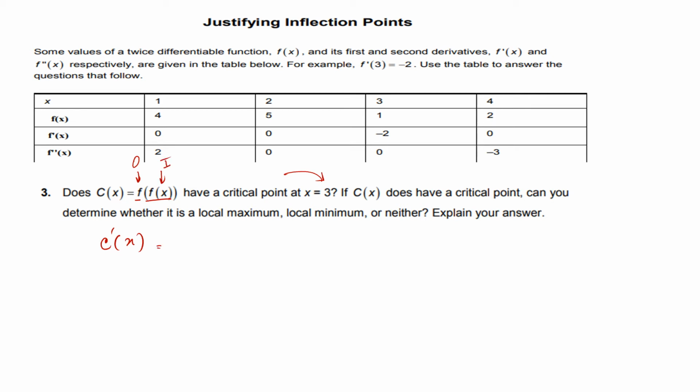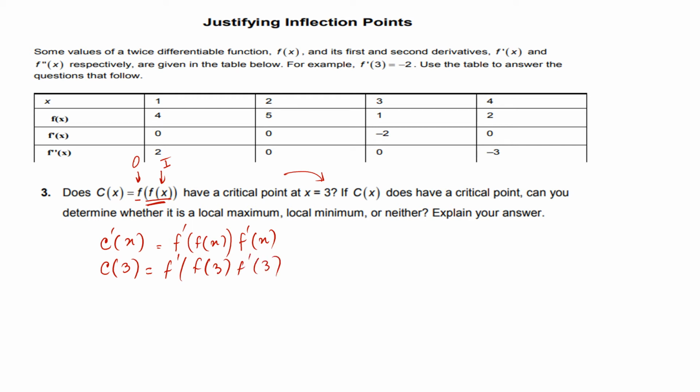So apply the chain rule: take the derivative of the outer function, then write one time the inner function as it is, and then take the derivative of the inner function, that is f prime of x. Now put x equals 3 everywhere: f prime of f of 3 and f prime of 3.